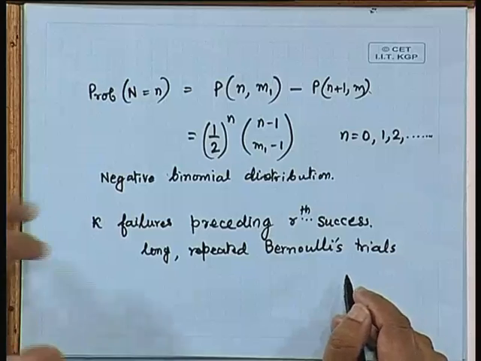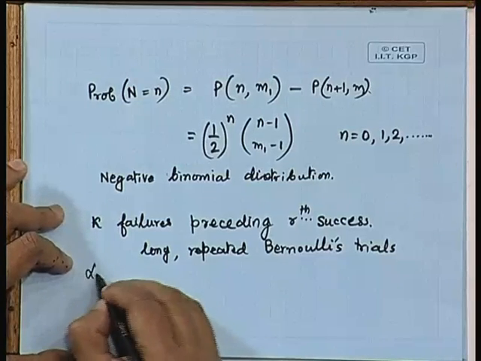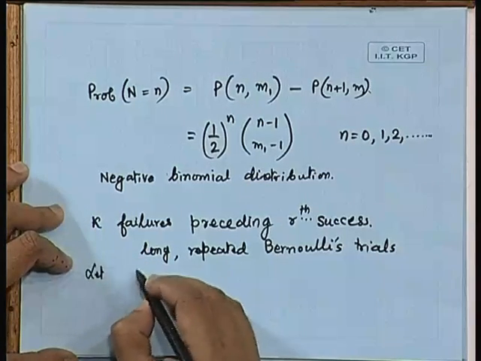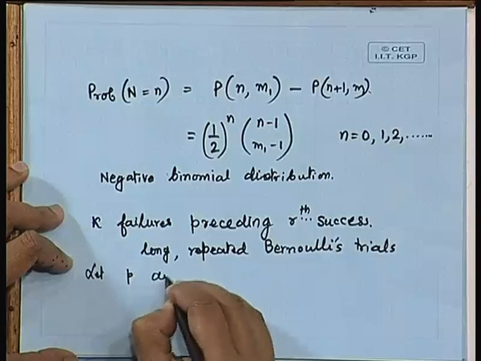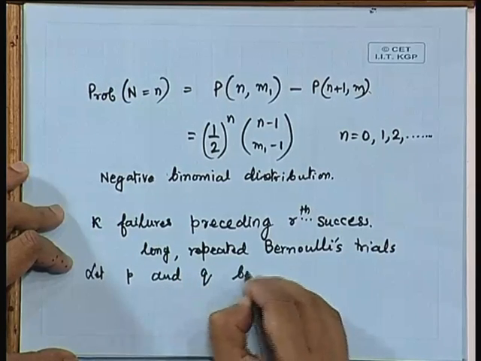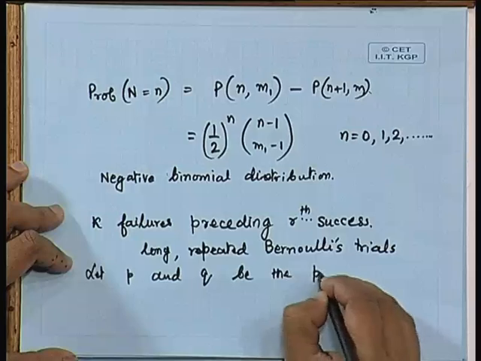So, let us define two probabilities P and Q, the probabilities of success and failure.